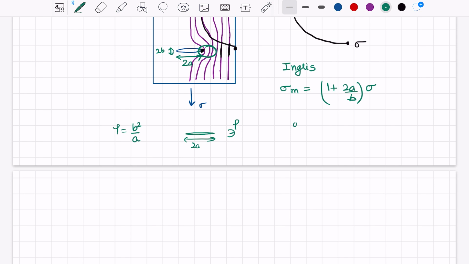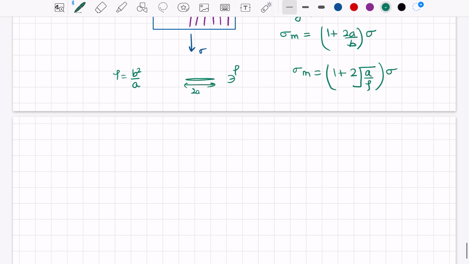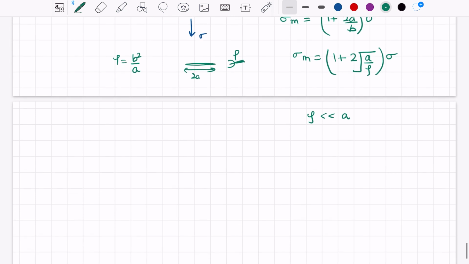In that case, the maximum stress will be 1 plus 2 root of a by rho multiplied by sigma, because we know that rho is very less than a. This is because it's a thin crack, so in that case rho will be very less. So we can write sigma m is equal to 2 root of a by rho multiplied by sigma.